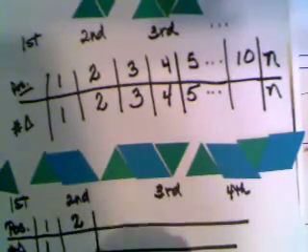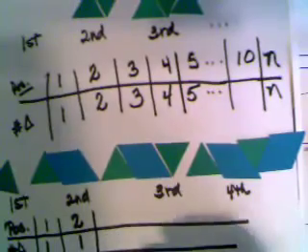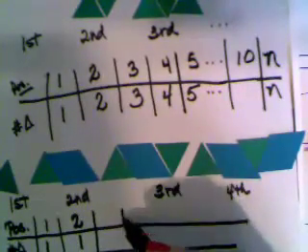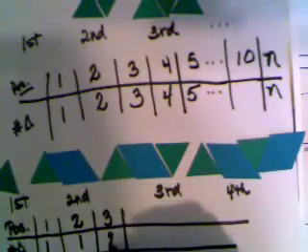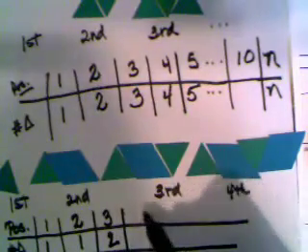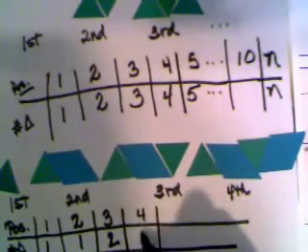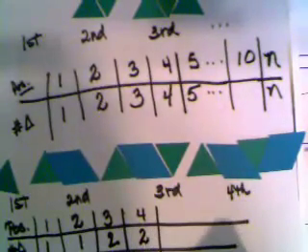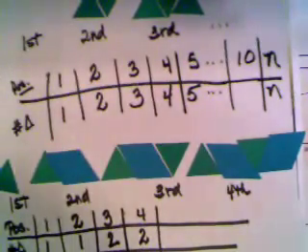In position 2, I have one triangle and one parallelogram. In position 3, I have two triangles and one parallelogram. In position 4, I would have two triangles and two parallelograms.